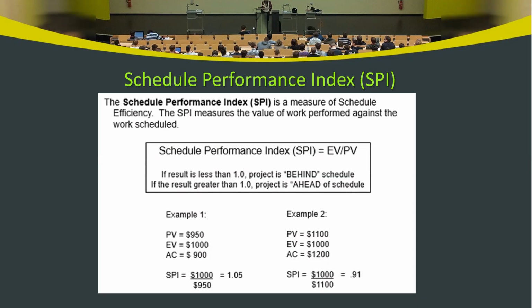If it's just 1, the project is on schedule. Here, in these two scenarios, we have 1.05 and 0.91. Less than 1 is not good. So 0.91 means the project is behind schedule. 1.05 means the project is ahead of schedule, which is good.